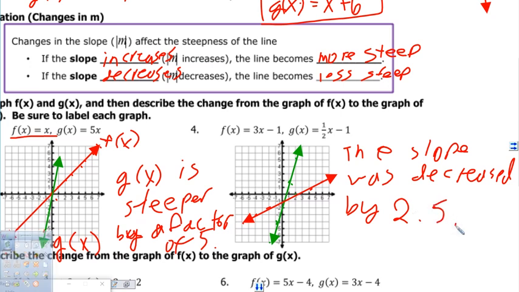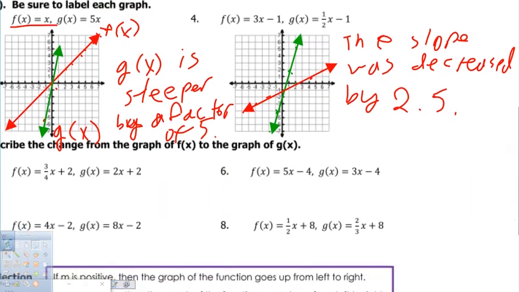And there we go. That's it. Okay? Just a couple of different ways to spell that out and say how it changed.